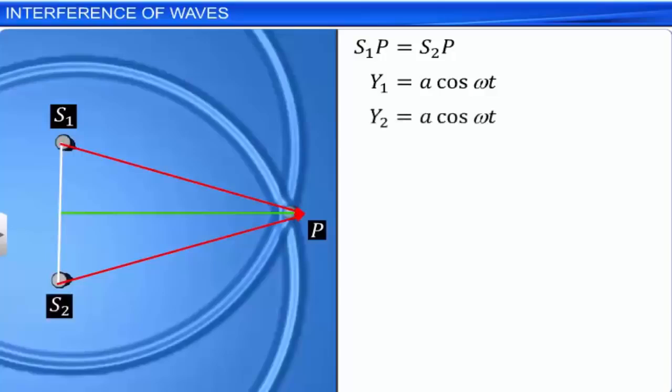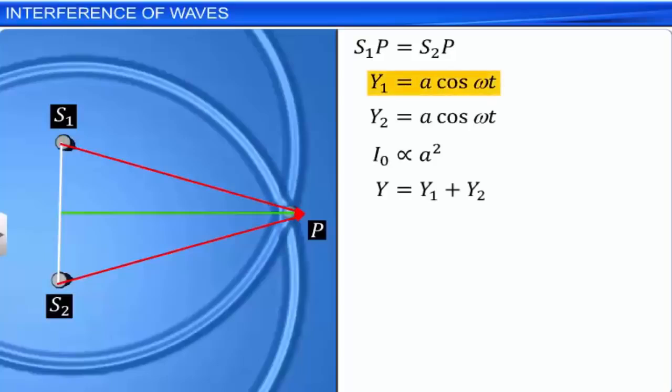We know that the intensity of a wave is proportional to the square of its amplitude. Therefore, if I0 is the intensity produced by each of the sources, then I0 is proportional to A squared. The resultant displacement at P, y is equal to y1 plus y2.